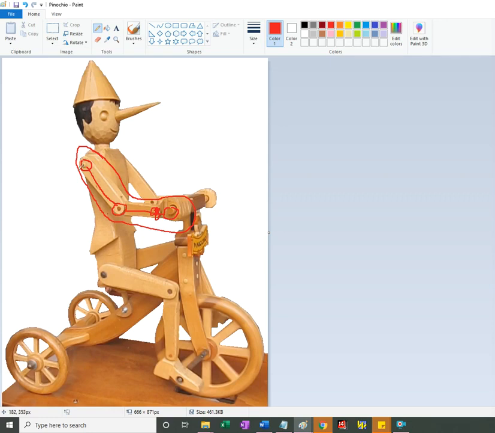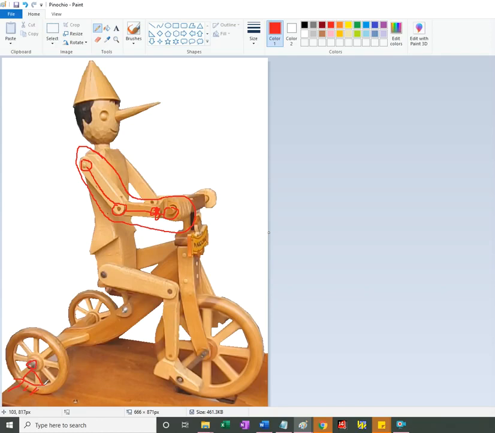If we include this in the mobility analysis, then either having the arm or not in place does not change the number of degrees of freedom of the character. It can pivot about this point.